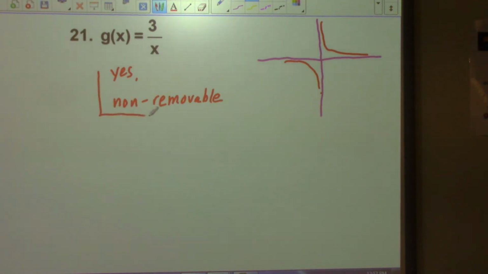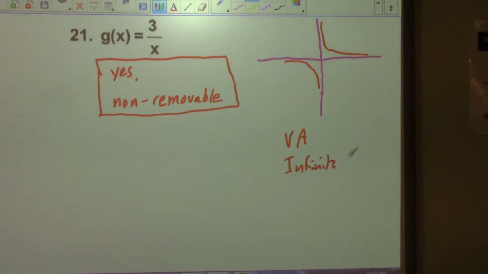And so what I've done, and I did this with my discontinuities t-shirt, is just by association. Vertical asymptote, infinite discontinuity, and non-removable.